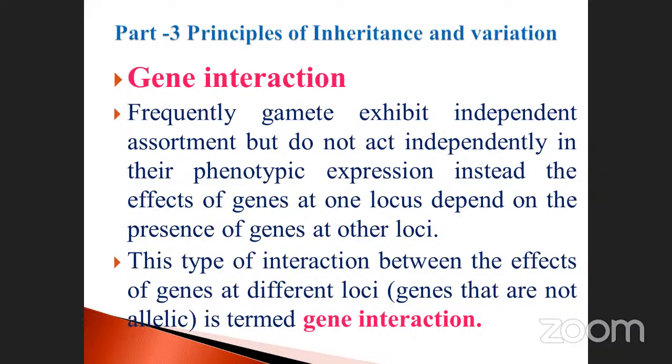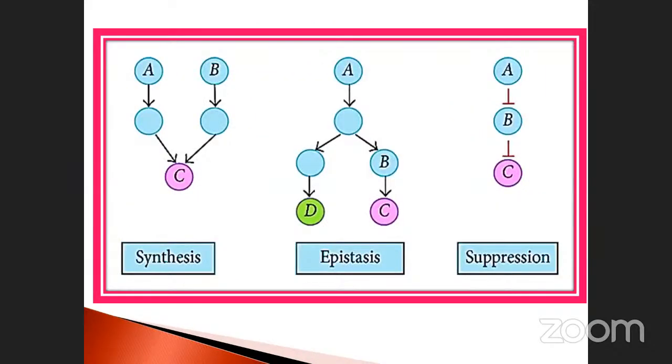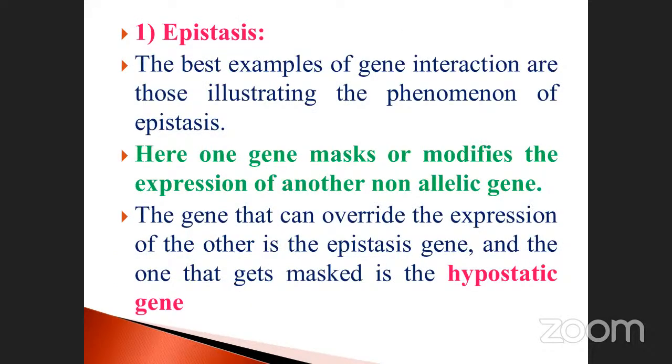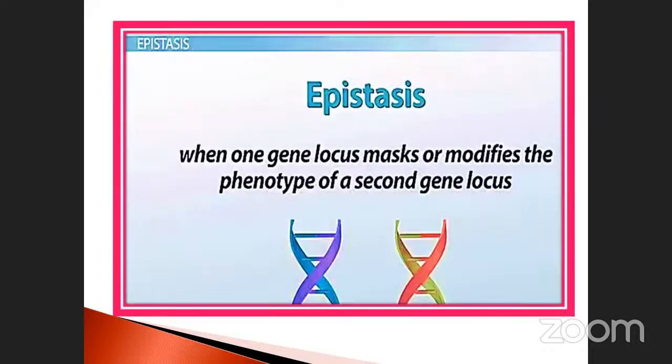We are all hybrids from the mother and father chromosomes. As a result, we have both the father's as well as the mother's characters. So that is how gene interaction will be. And then synthesis, epistasis, suppression are also here. Epistasis is further divided into dominant and recessive epistasis, and hypoepistasis.